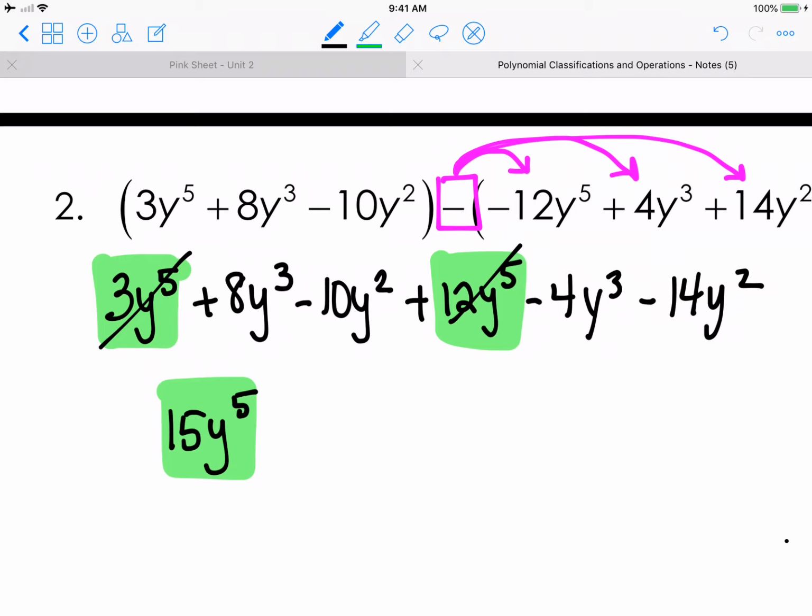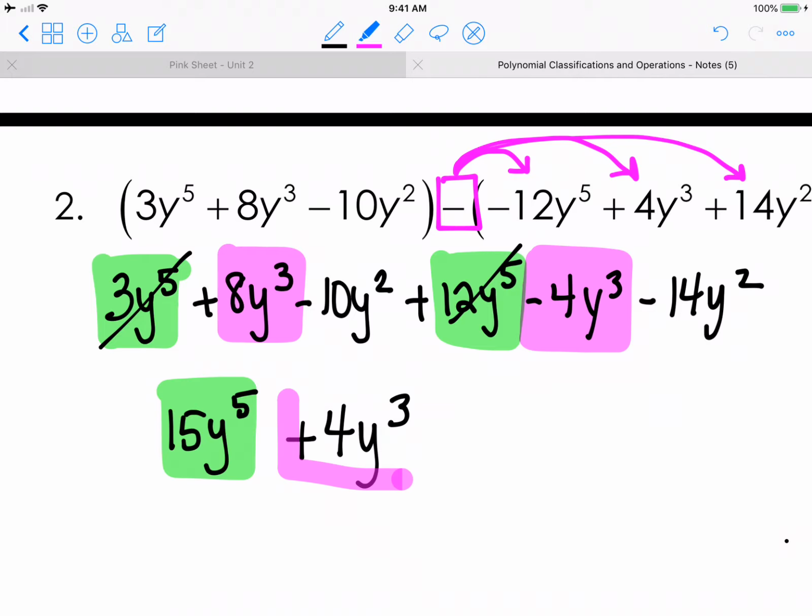Well, I don't see a degree of 4 anywhere. So now let's move to degree of 3. So we have 8y cubed minus 4y cubed is going to give us a positive 4y cubed. Cross them out, move on.